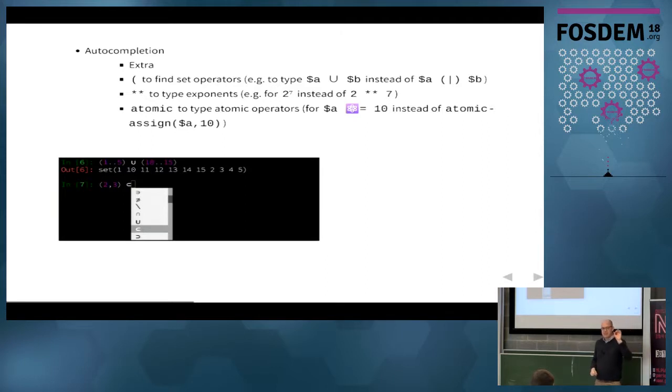So if you're not careful, you can have race conditions. To help you with that, Perl 6 provides a number of atomic operations, atomic dash something. And if you don't want to type all of that out, you can use the Unicode atom symbol, which is a shortcut for some of the atomic operations. I'll show you an example of that later.